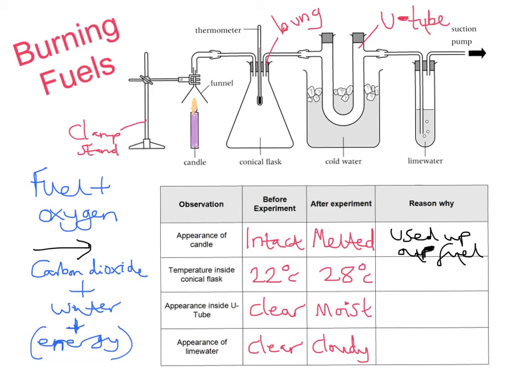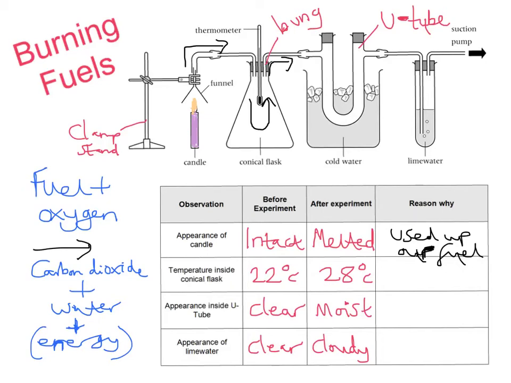Now, temperature inside the conical flask: as hot air rises, that hot air around the flame will have gone up through the funnel, down along the tubing, and would have passed into this conical flask. And it would have been carried up along the rest of the tubing, but whilst in the conical flask, it would have increased the temperature within it.